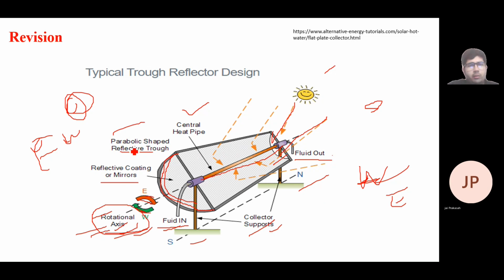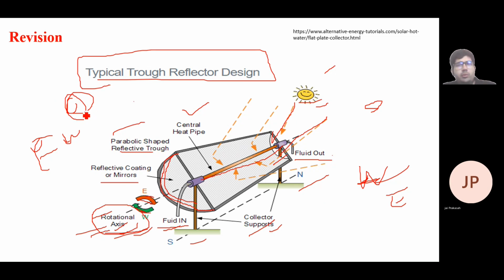So it will focus the sun always and try to get maximum solar radiation collection. This is typically a reflector design.